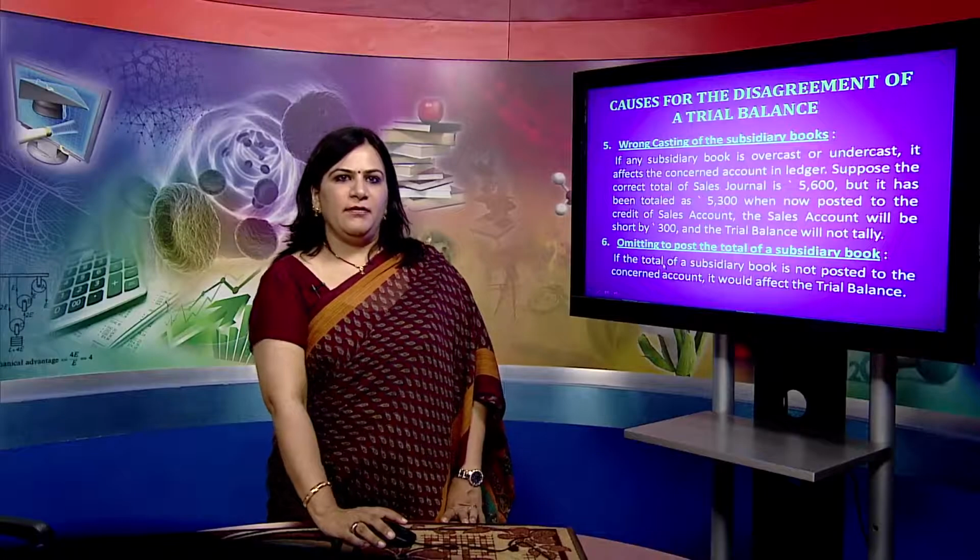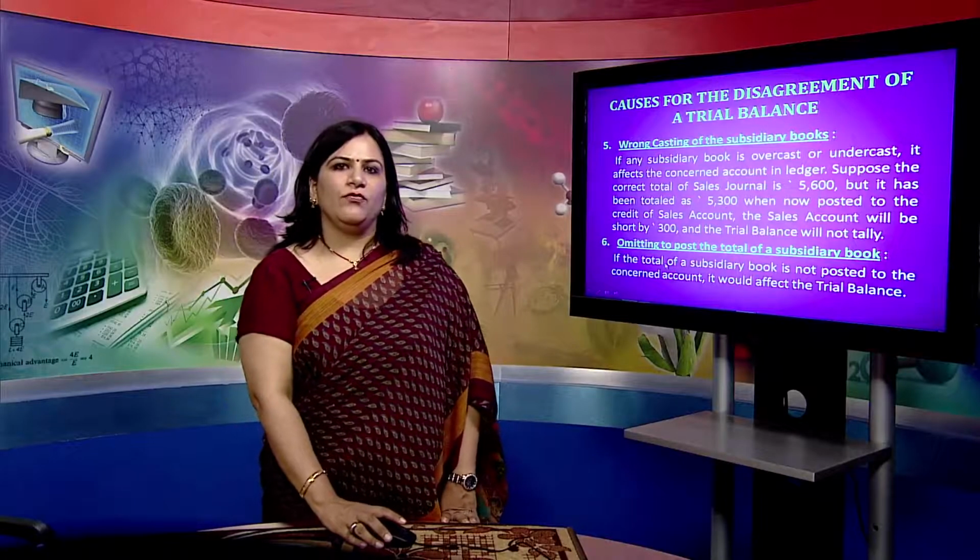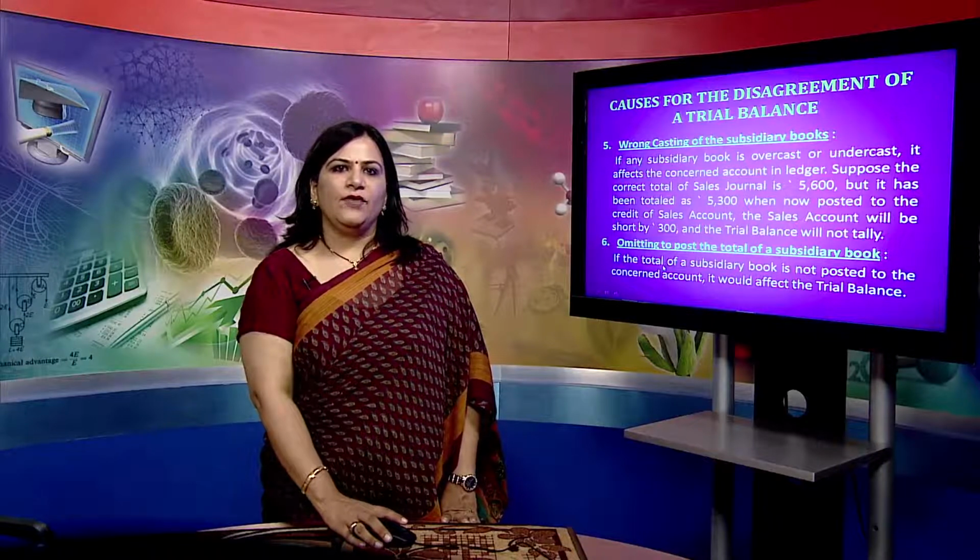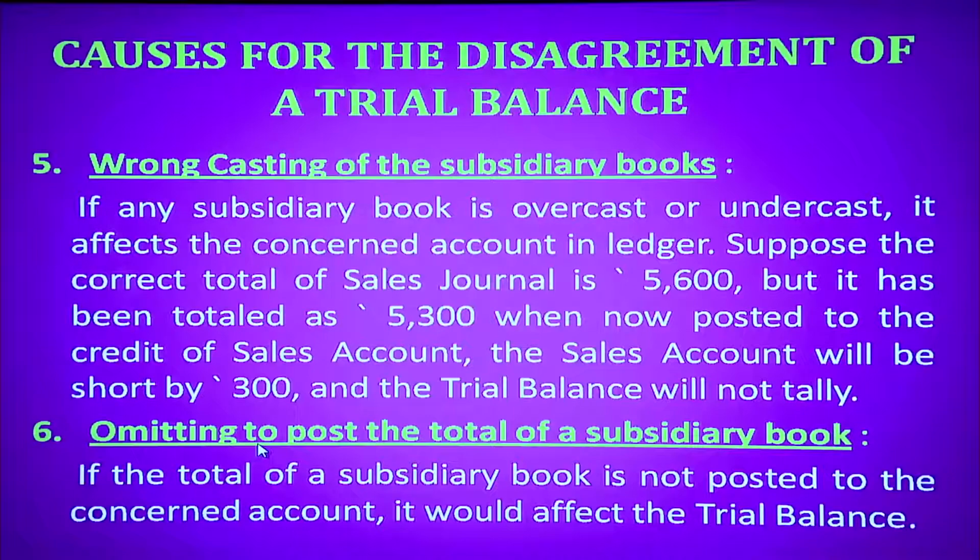The next cause can be because of wrong casting of the subsidiary books. If any subsidiary book is overcast or undercast, it affects the concerned account in the ledger. Suppose the correct total of the sales journal is 5600 rupees, but it has been totaled as 5300 rupees. So, when it is now posted to the credit of the sales account, the sales account will be short by 300 rupees, and again the trial balance will not tally.